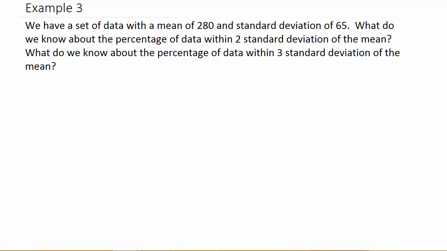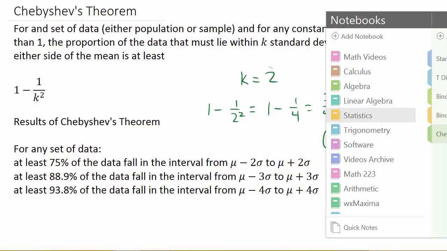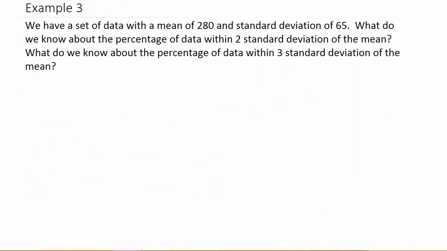Let's just take the first one, 2 standard deviations of the mean. Remember, we can go back and look at the table and know that 75% of the data fall within 2 standard deviations of the mean.